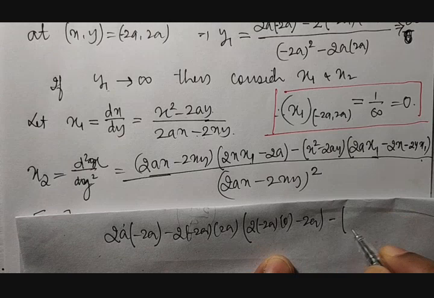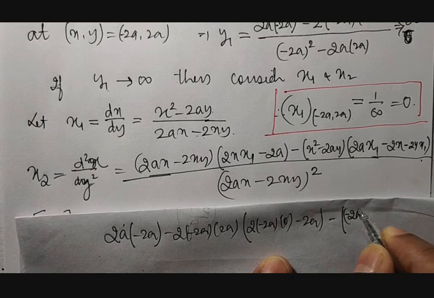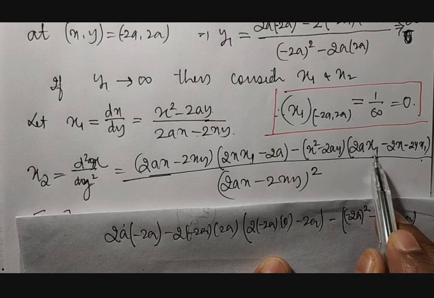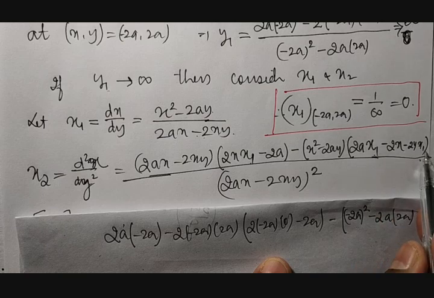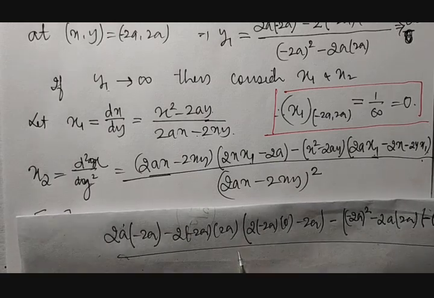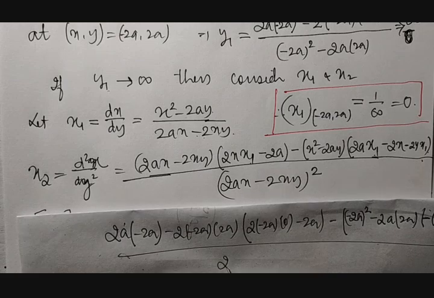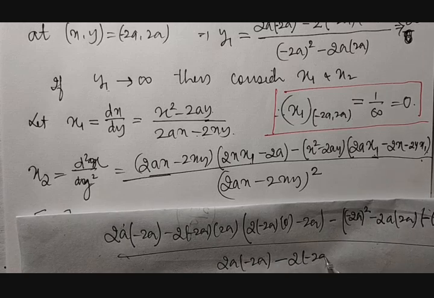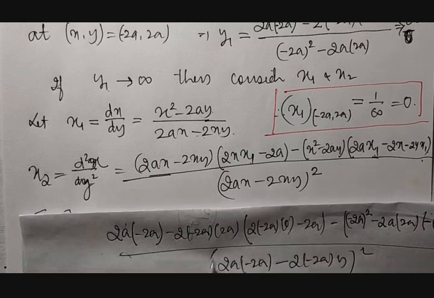Then minus 2a the square minus 2 into a into 2a into x1, 0. Then what remains? Minus 2 into x means minus of minus 2a. This whole thing divided by 2a into minus 2a minus 2 into minus 2a into y the whole square.